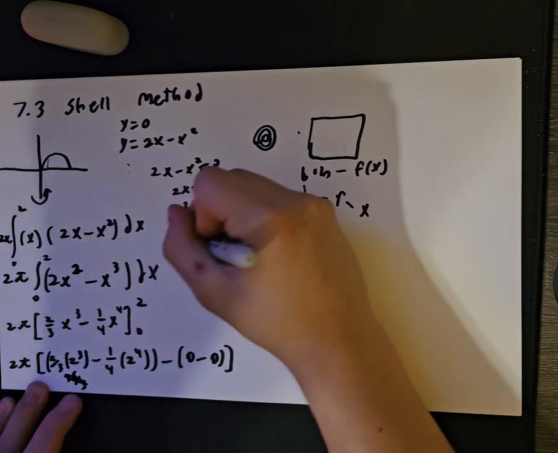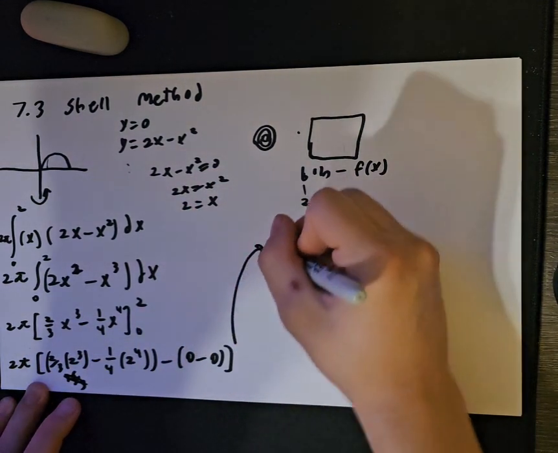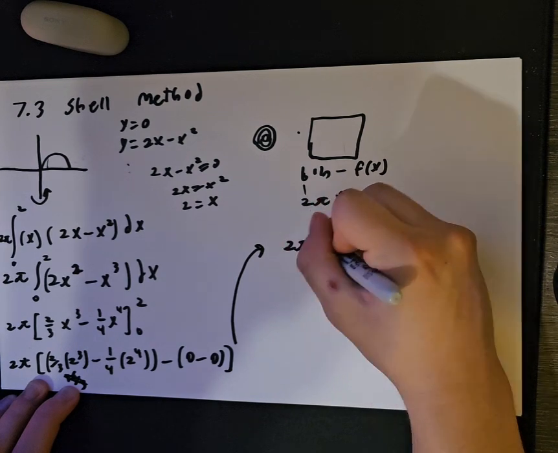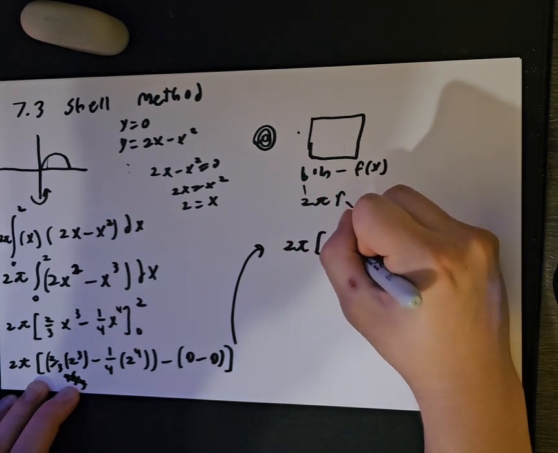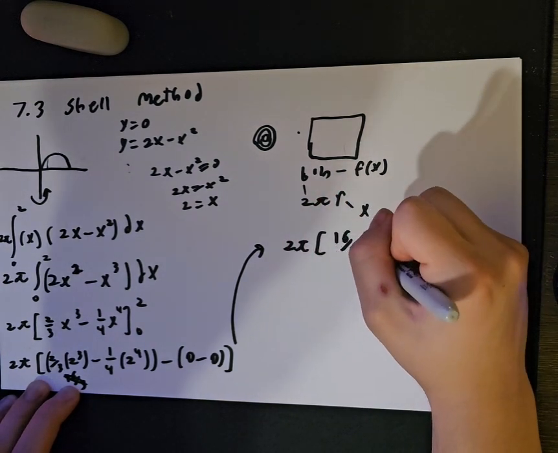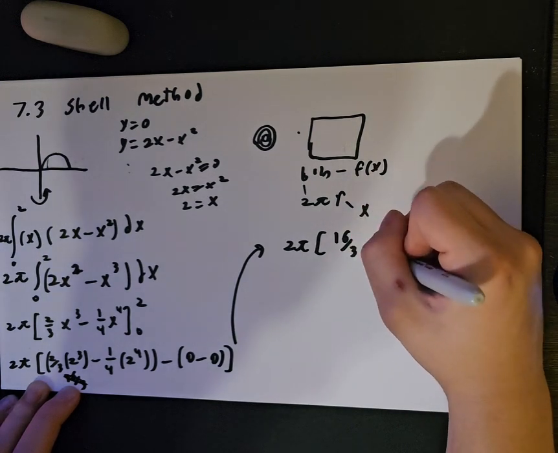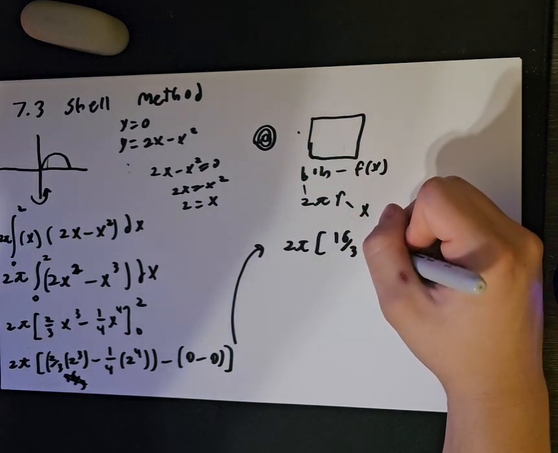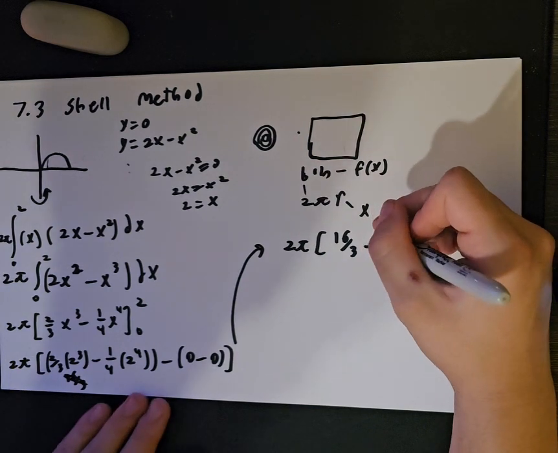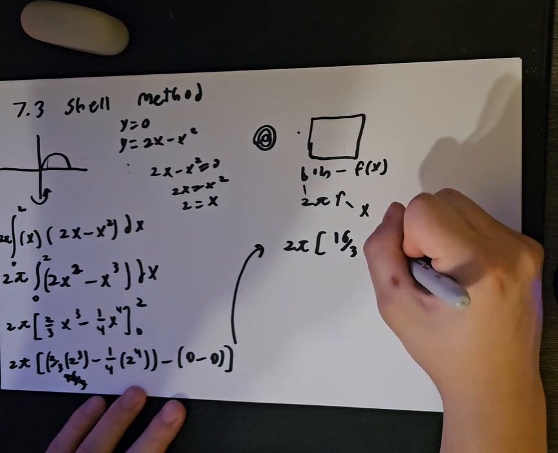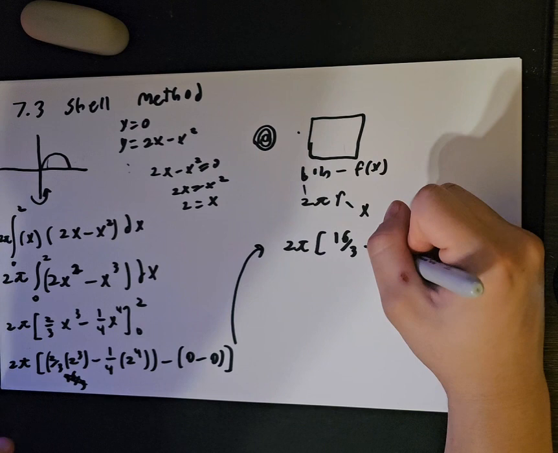I'm going to move this up here. 2 pi times 16 over 3 minus 1/4 times 2 to the 4th. 2 to the 4th is 16, so times 1/4 is 4.